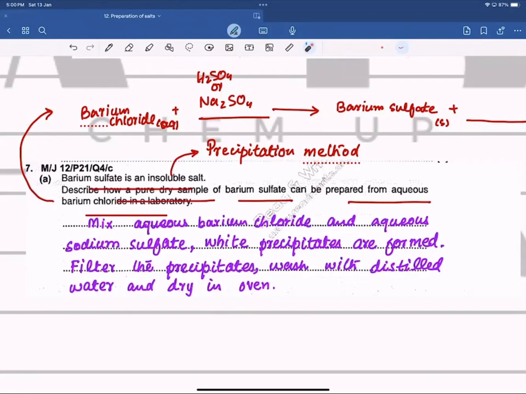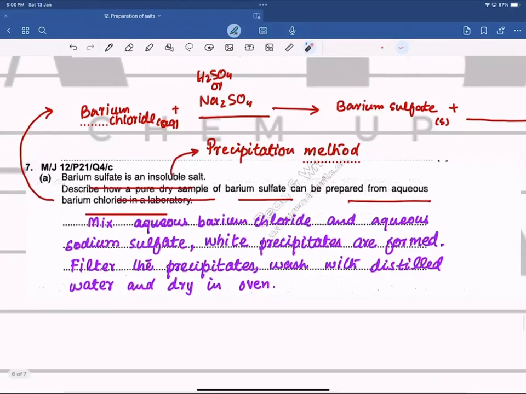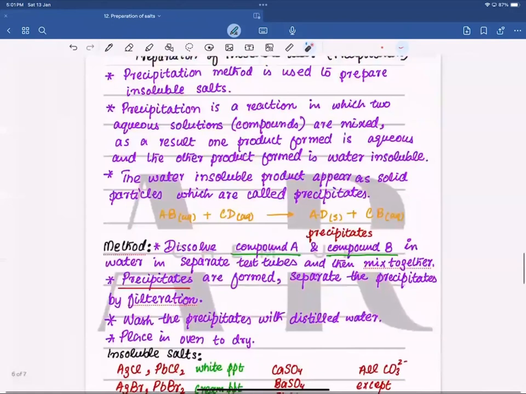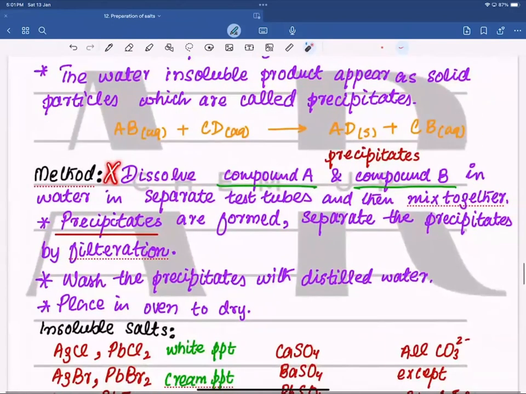See, they have told us that there is aqueous barium chloride, right? So it means from our method, we will skip the first stage, because there we are preparing the solutions, and they have told us that the solutions are already prepared.